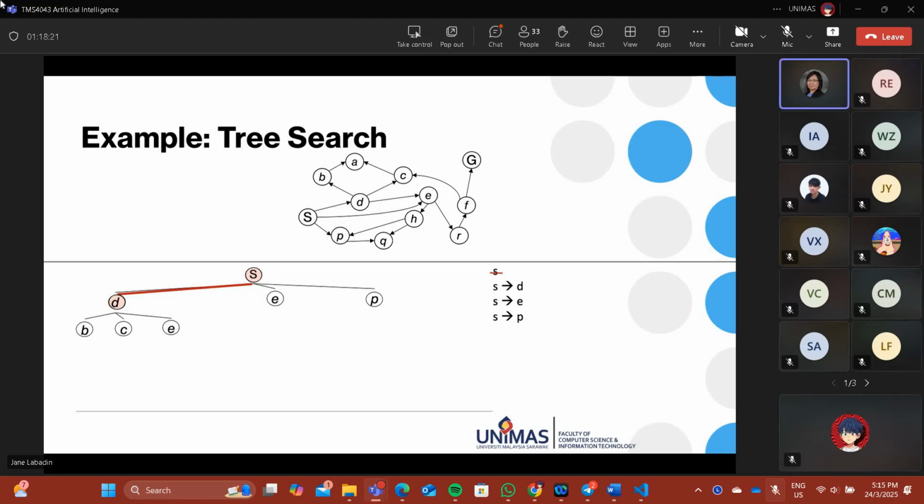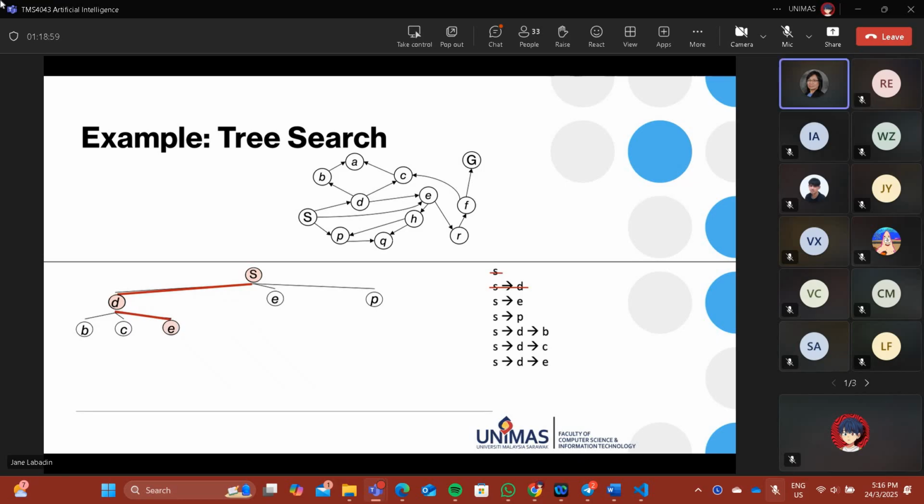So since you decide on D, then you cancel SD in the path. And then if you were to expand D, your path will be SDB or SDC or SDE.